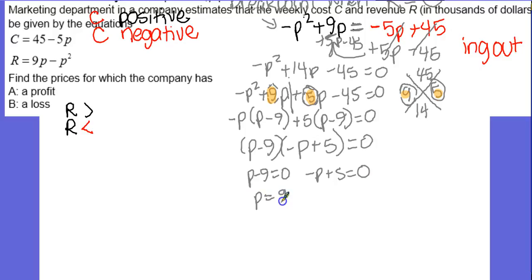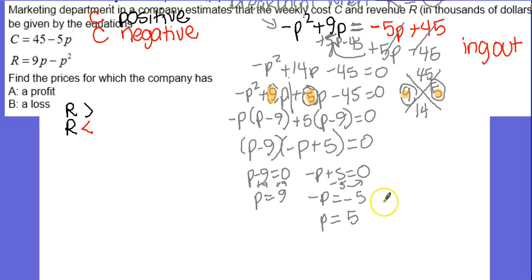P equals 9, because we add 9. Or negative p equals negative 5, because we subtract 5. And then we're going to divide by negative 1 to get the p isolated. P equals 5. If negative p equals negative 5, then positive p equals positive 5.